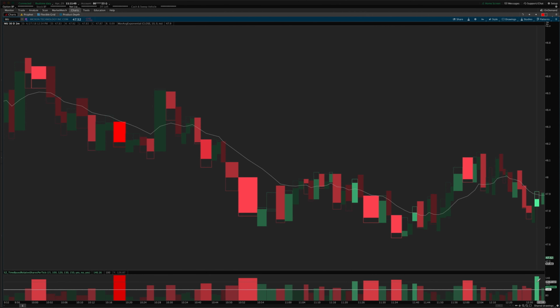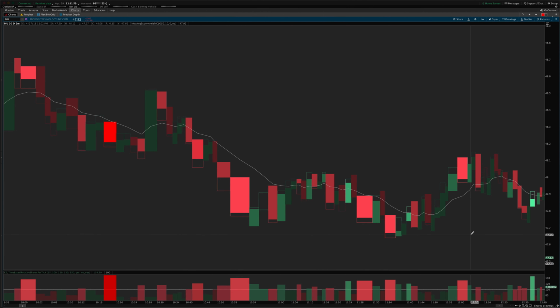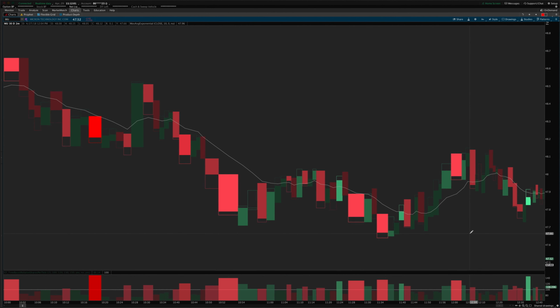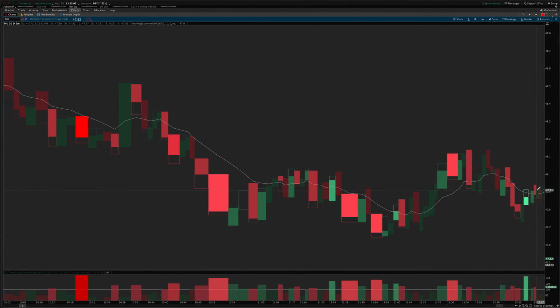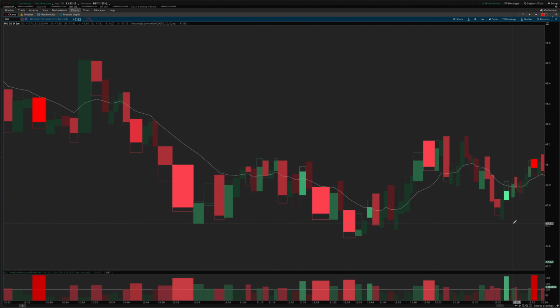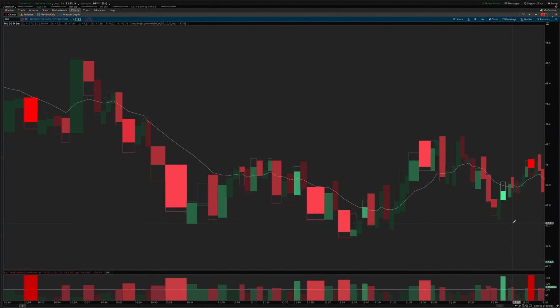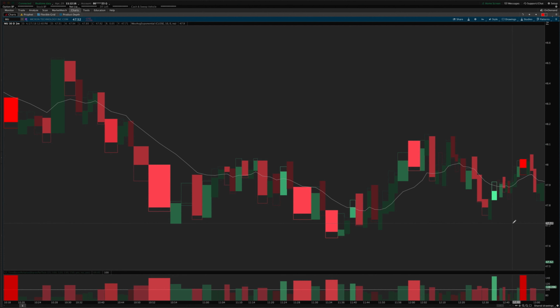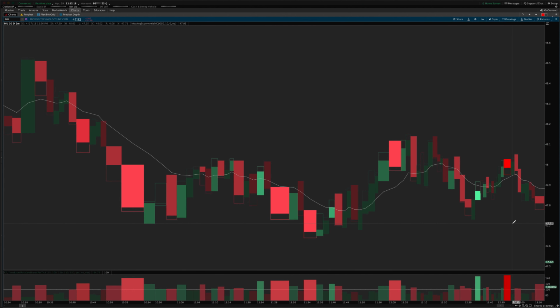It's not perfect because this is so high commitment, but it has this topping tail right on the MA, and if it had triggered below here, that might have been an interesting setup. As it is, we're still just kind of getting this sideways chop. So I don't know if there was another setup or not.